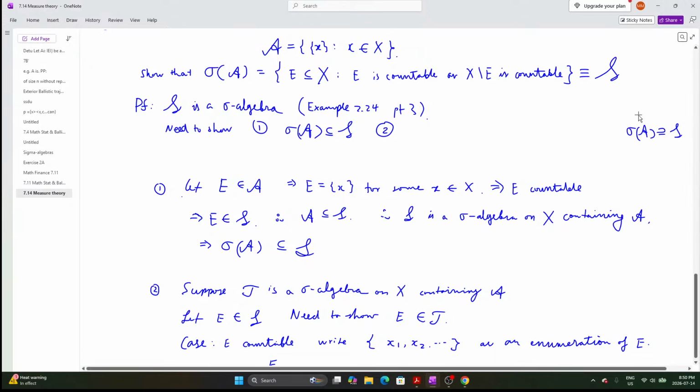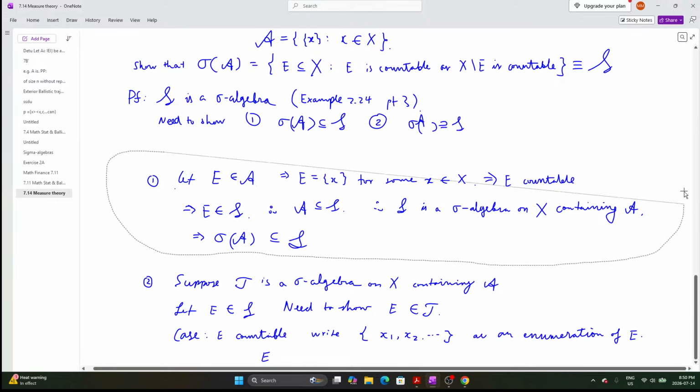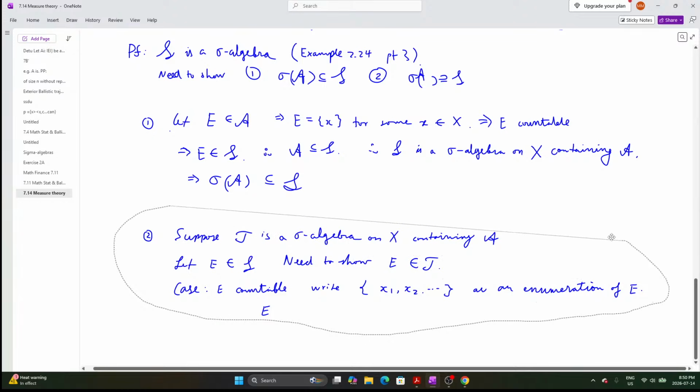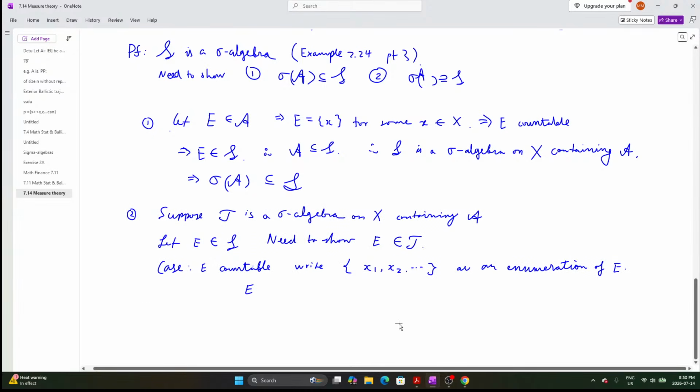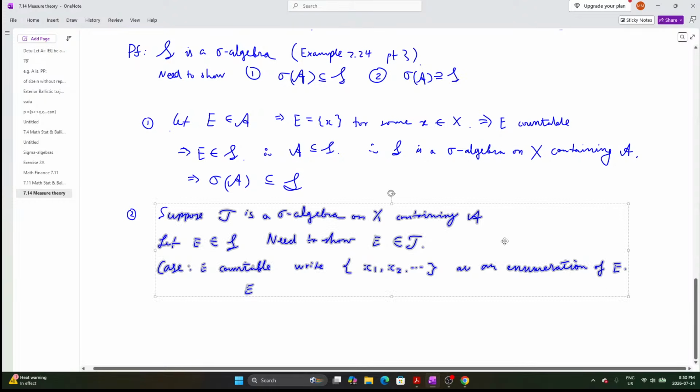I want to show that S is contained in sigma of A. So how do we go about showing that? Okay, let's rewrite this.